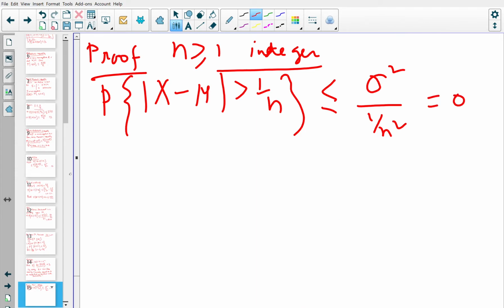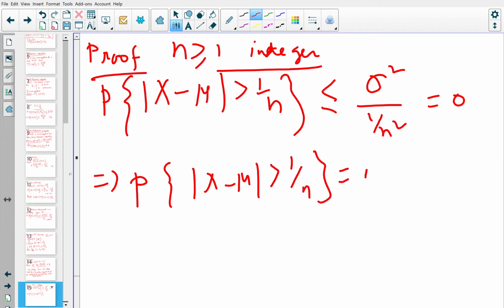So probability bounded by 0 means this is actually 0, since probability cannot be negative. So the probability that mod of x minus mu is greater than 1 by n is 0. Now we recall that we can also think of probability as a continuous function, which we discussed long back in the class. So we will use that continuity property.